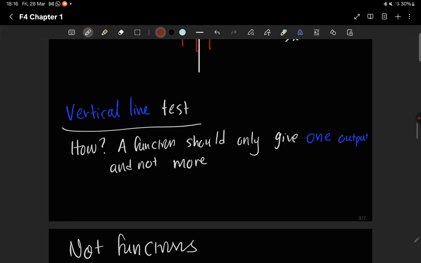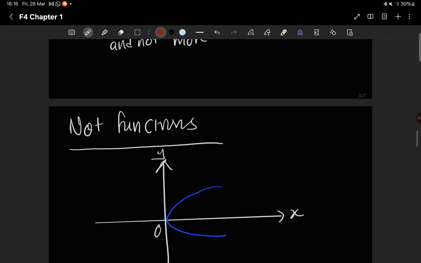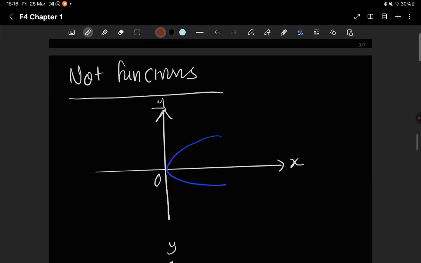Okay, so maybe to explain this even better, I'm going to give you examples of what are not functions, what cannot be functions. So if you have a look at this graph over here, let's try to determine if this is a function or not. Maybe you could try it by yourself first.